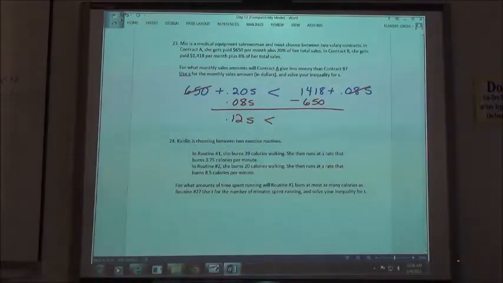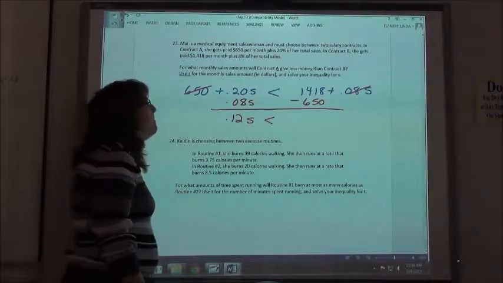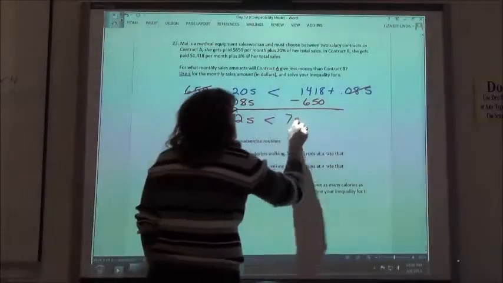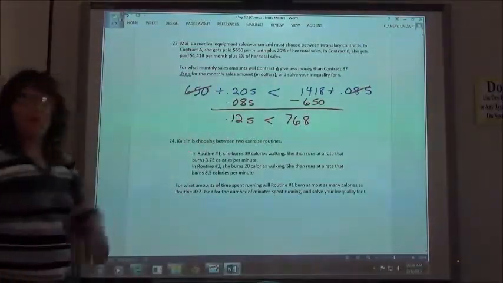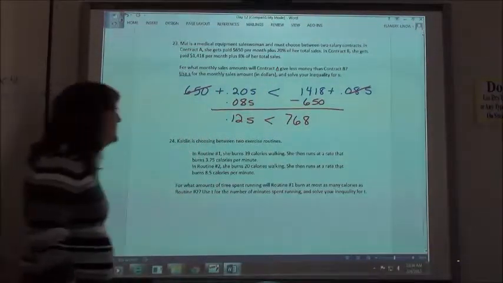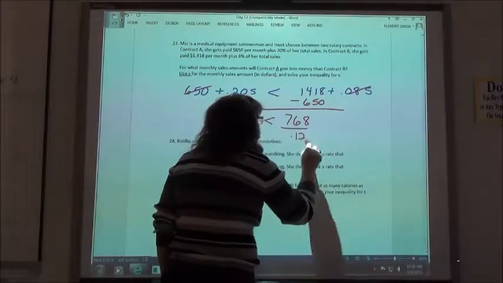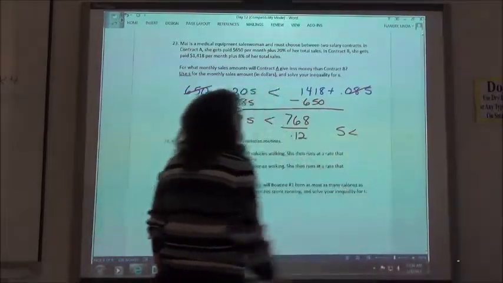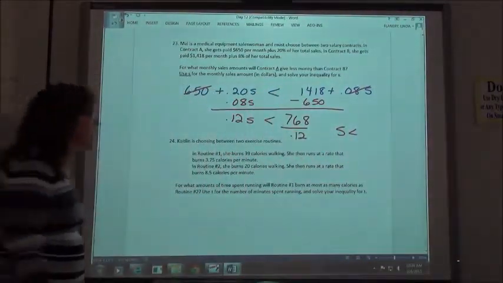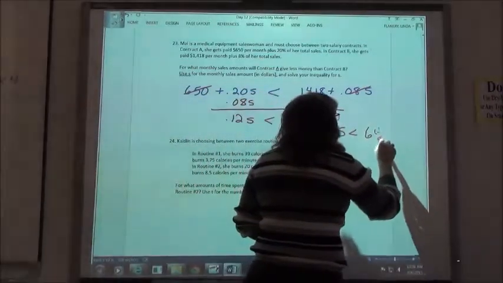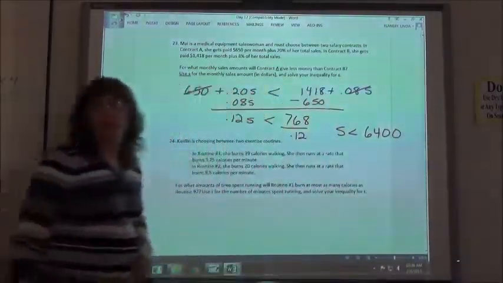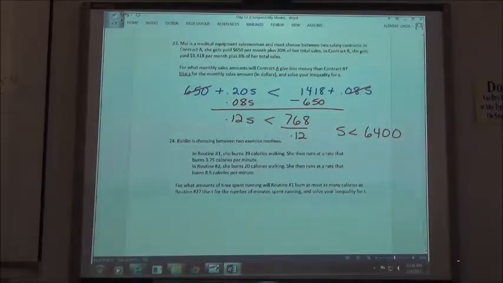I'll let you do that. 768. And then, of course, I'm going to divide by my 0.12. $6,400. So S is less than $6,400. So if her total sales was less than $6,400, then A is going to give her less money than B.